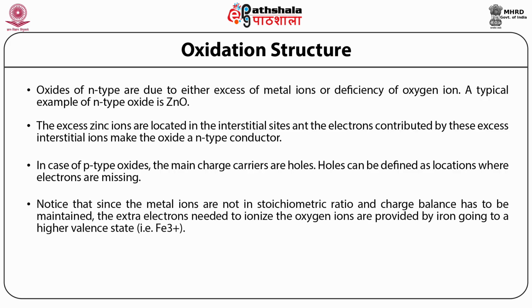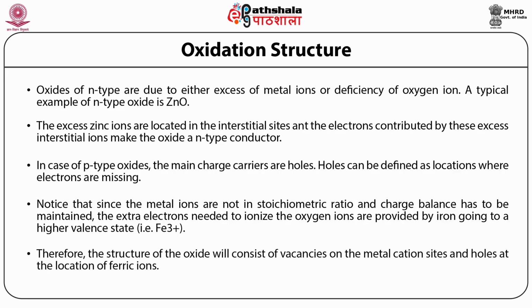Notice that since the metal ions are not in the stoichiometric ratio and the charge balance has to be maintained, the extra electrons needed to ionize the oxygen ions are provided by iron going to a higher valence state. Therefore, the structure of the oxide will consist of vacancies on the metal cation sites and the holes at the location of ferric ions.